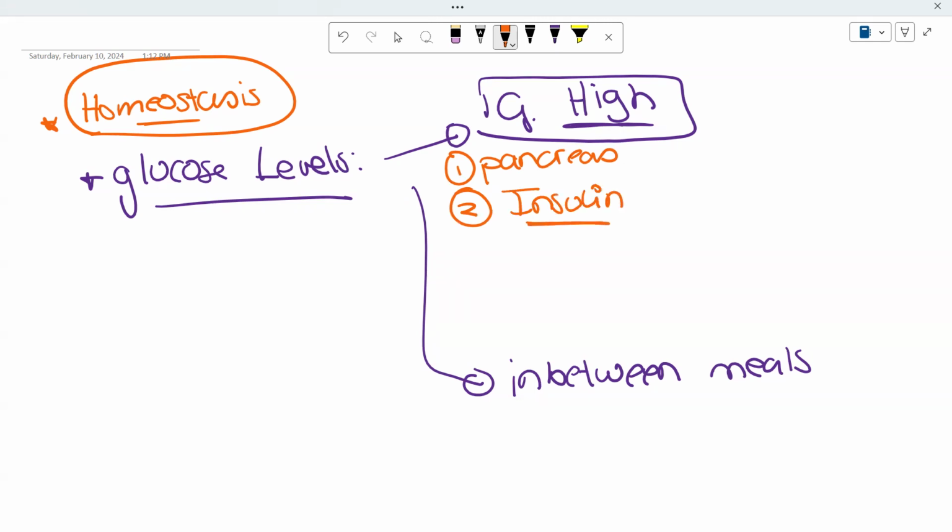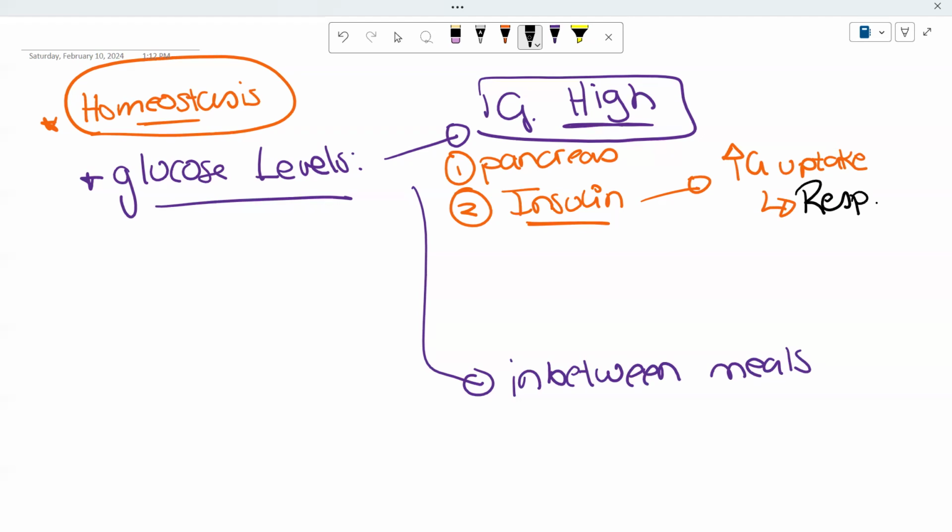This insulin hormone will do several things. Number 1, it will go to the body cells, specifically the liver and the muscle cells, and it will increase their glucose uptake. Tell them, please take this excess glucose and use it in respiration. Please take this excess glucose and burn it.